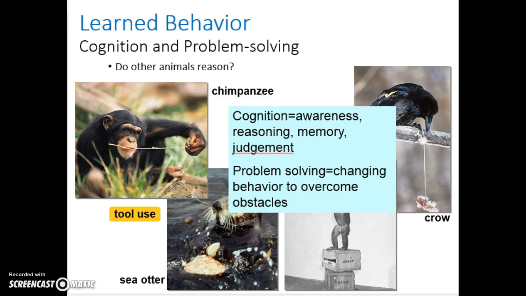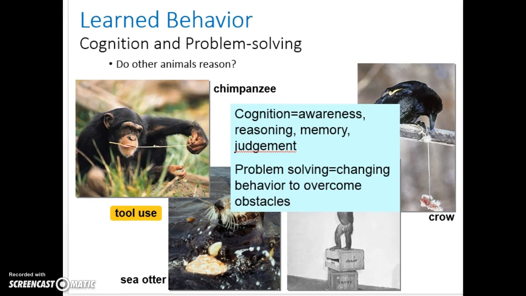So they have cognition, but they are also very good at problem solving. Cognition is the most complex form of learning, but many animal species, including insects, appear to exhibit cognition.